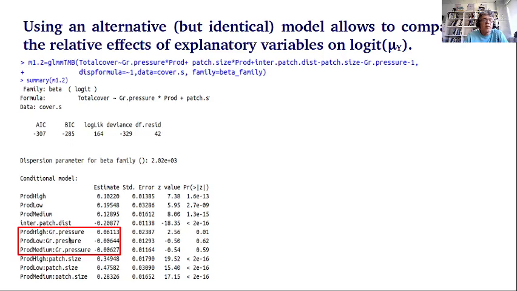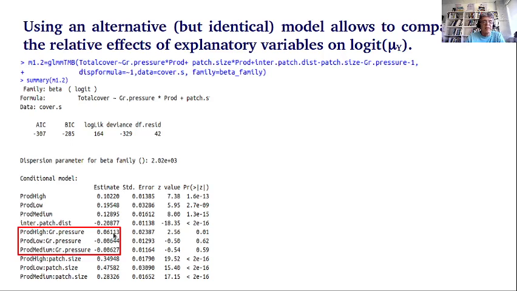For each of the explanatory variables, here we see the actual intercepts for each of the three levels of productivity, and here we see the slopes of grazing pressure for each of the three levels of productivity.